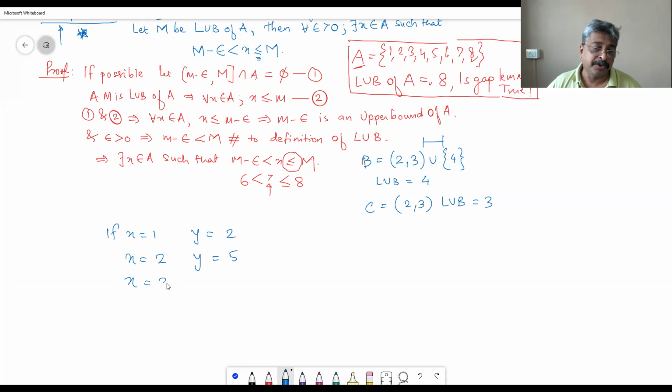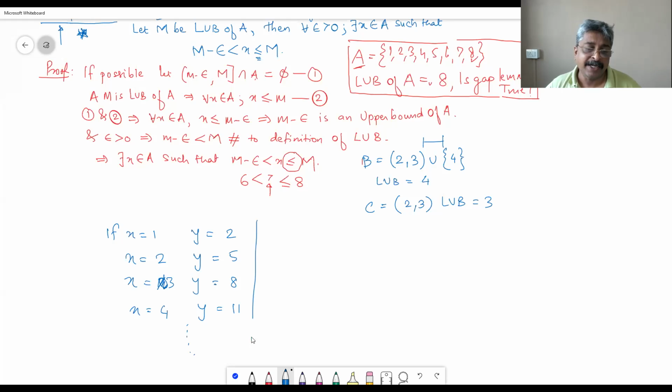If x is equal to 3, y is equal to 8. If x is equal to 4, y is equal to 11, and so on. Suppose I am considering a mapping like this.